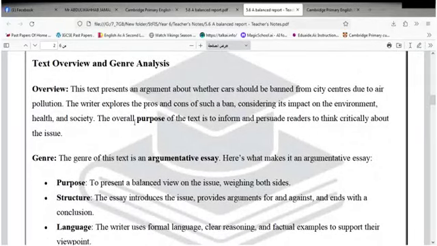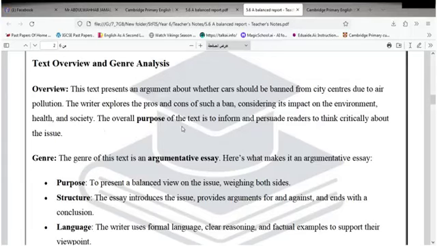The text in general presents an argument about whether cars should be banned from city centers due to the air pollution or not. The writer explores the pros and the cons, the positives and the negatives of such a ban, considering the impact on the environment, on the health, and on the society.